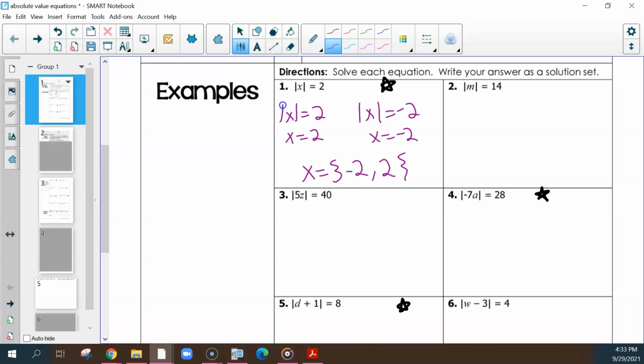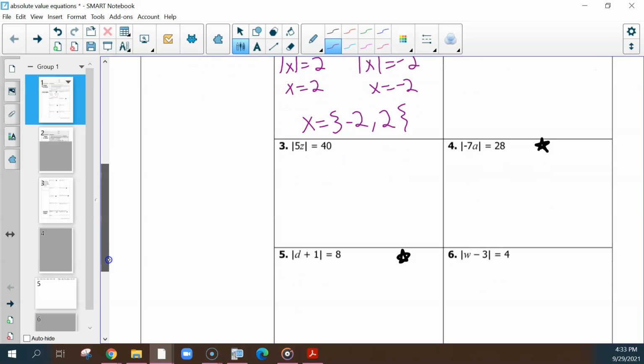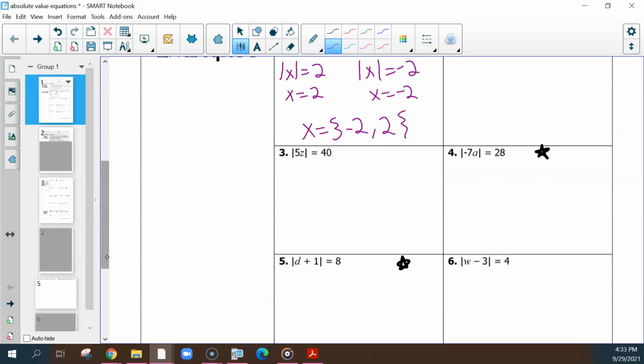But if we have something like number 4, there's nothing on the outside of the absolute value sign. So I can say it's isolated. And again, I'm going to set the inside equal to both the positive and the negative. There is nothing else for me to do on the inside.